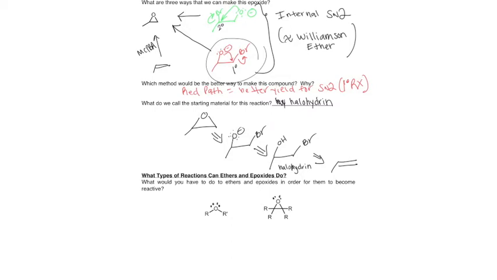Epoxides are particularly reactive anyway, just because of that strained ring. But let's imagine throwing an acid at an ether. Now something that used to be pretty stable is much more reactive. That's how we can imagine cleaving the ether, in other words, breaking that bond between oxygen and carbon.